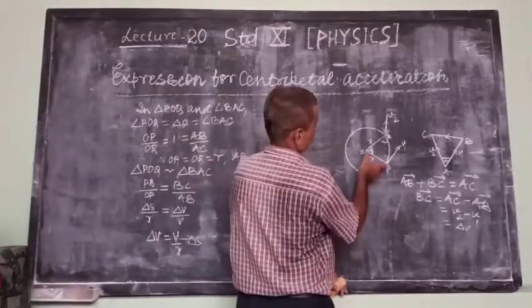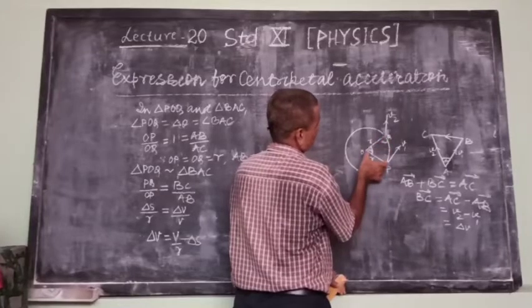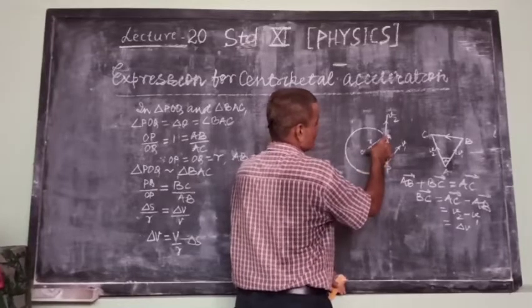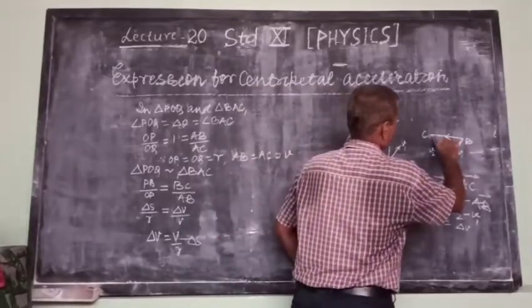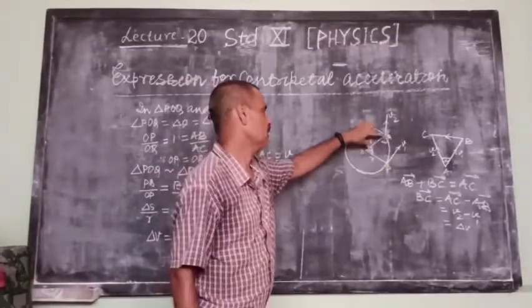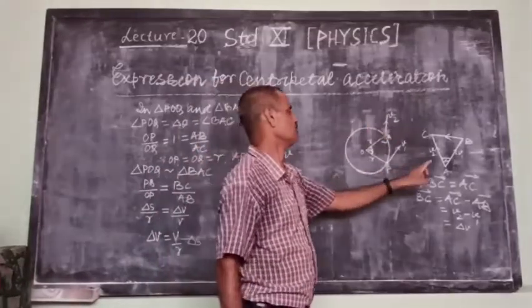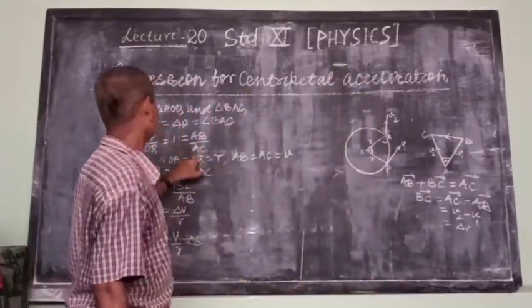Watch here, this side is OP and this is your OQ. So OP by OQ must be equal to AB by AC. Just watch here, OP by OQ must be equal to AB by AC. Here is AB by AC.